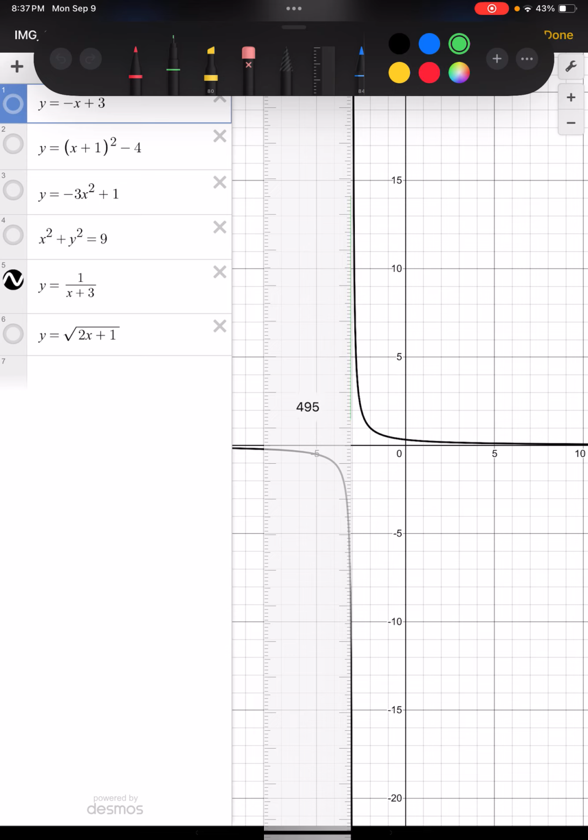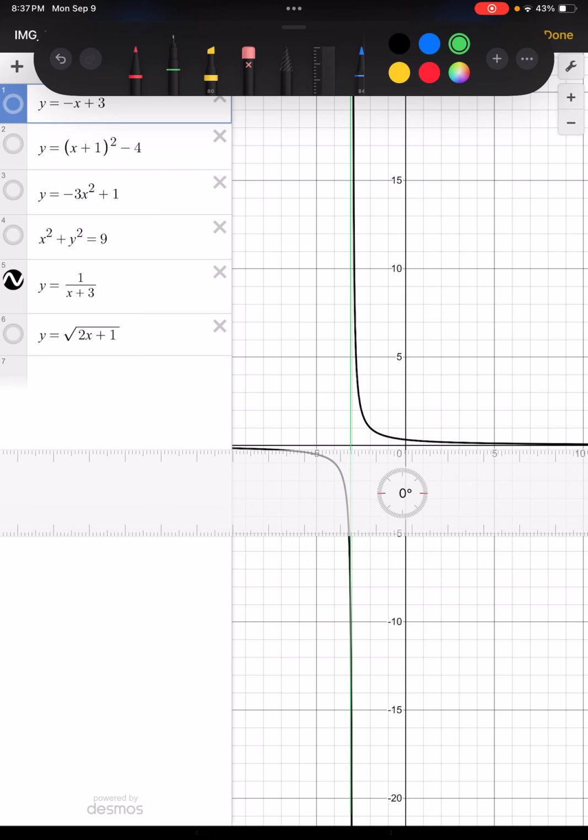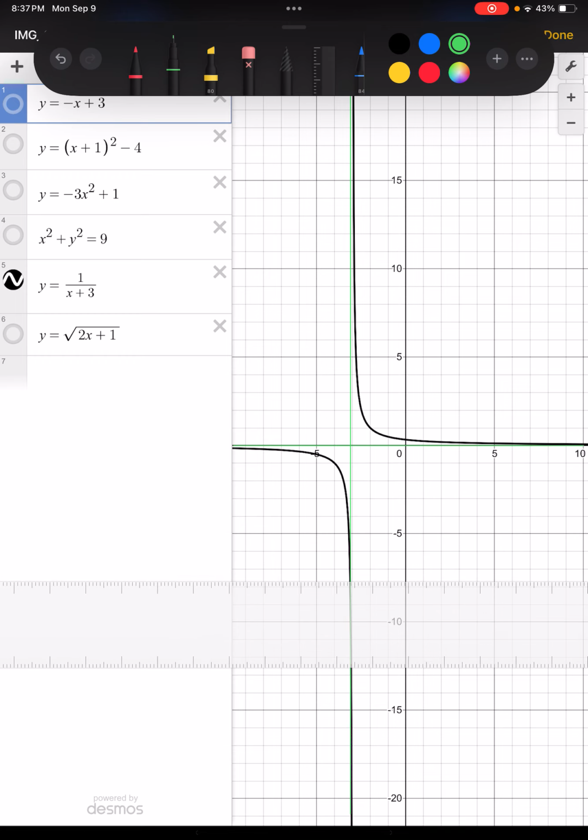That should be an asymptote right there, and an asymptote right there. y can never equal 0. Let's take a look at that algebraically. And x can never equal negative 3.